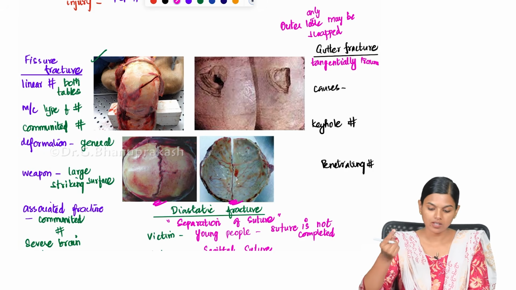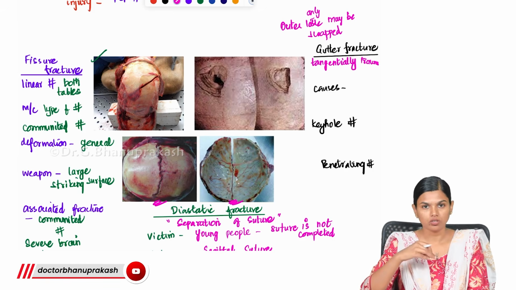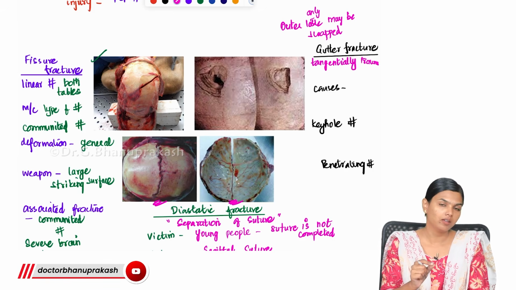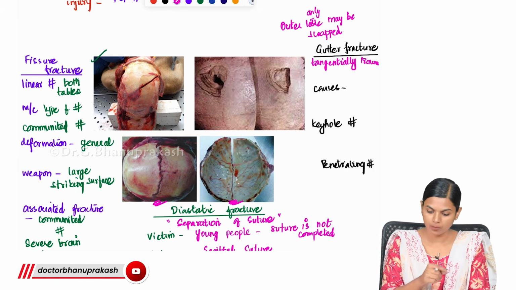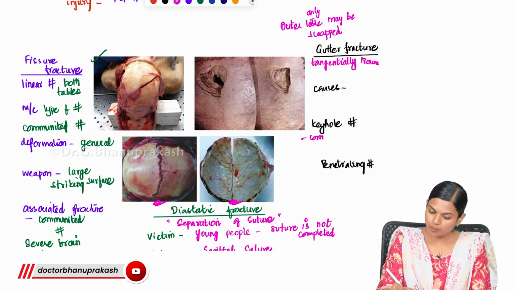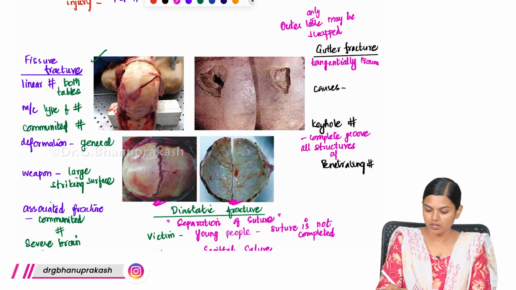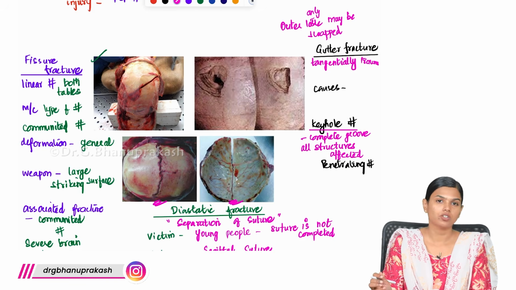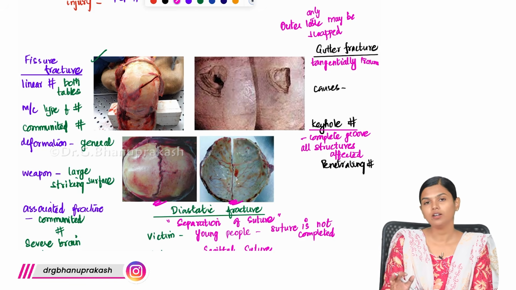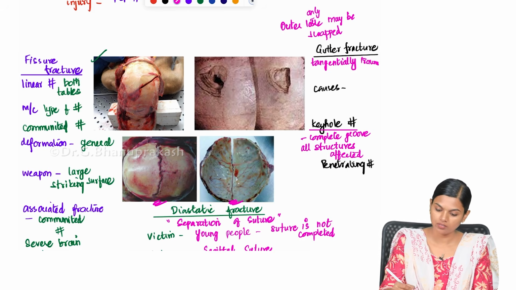In some cases, there may be damage to both the outer table and inner table, and even the brain tissue will be damaged. So it will form a complete groove. All the structures will be affected. Such cases we call keyhole fracture, and this is most commonly seen with gunshot injury.